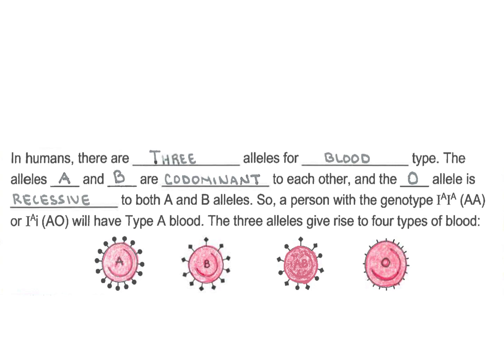So a person with the genotype 1 big A, 1 big A or 1 big A little i will have type A blood. All right, and we discussed the 4 different types of blood in our last class. One thing you might want to do is go ahead and put some of that information from last class here off to the side so that as you are going through these genetics problems, you're always referring to them and then you start to memorize them.